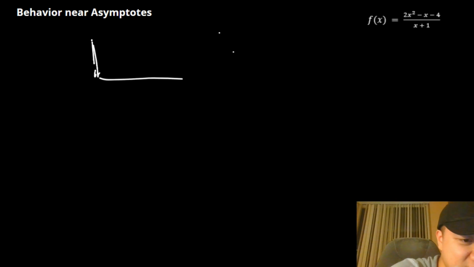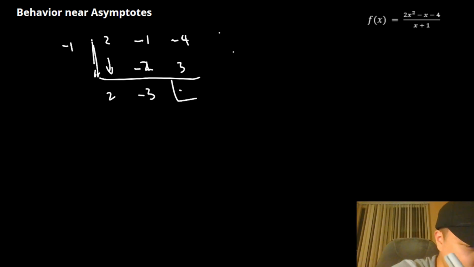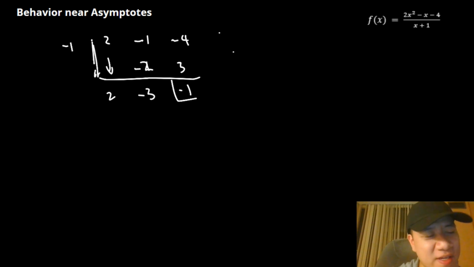Synthetic division, please work. Okay, 2, -1, -4. Just going to do this pretty fast. Okay, so what we're going to do is write out our oblique asymptote, and we're going to write our function in its remainder form now.